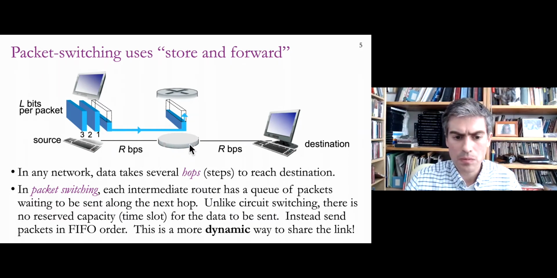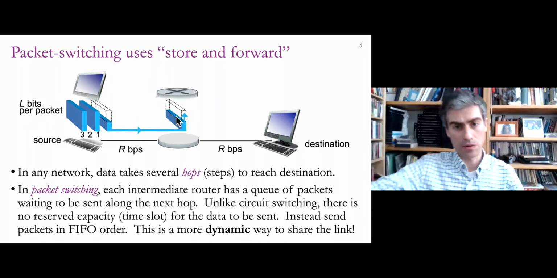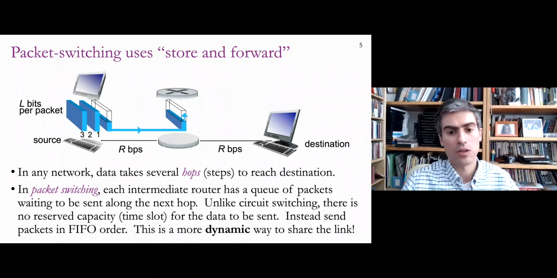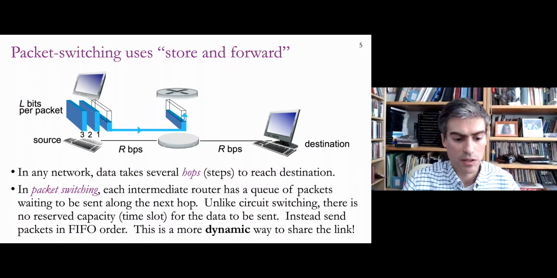So if the sender wants to send data, it doesn't have to reserve a connection, a path all the way to the endpoint. It just breaks its data into packets and sends the first packet to the next hop, and then it assumes the next hop router will do its work, which is to pass it further along the path so that eventually it reaches its final destination. Okay.